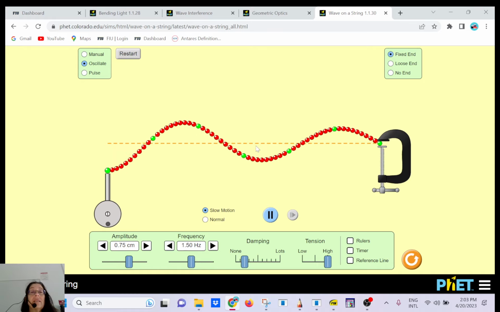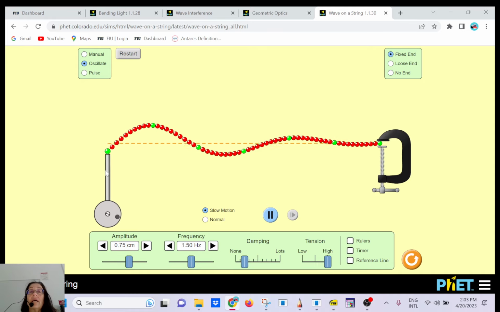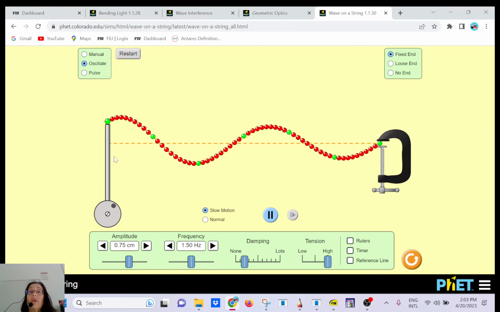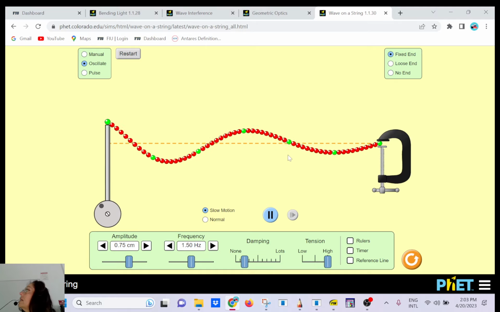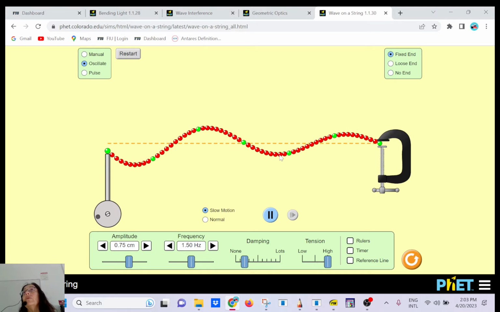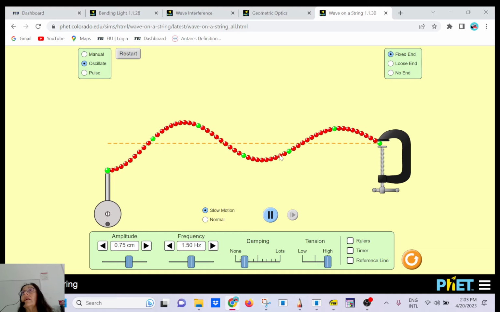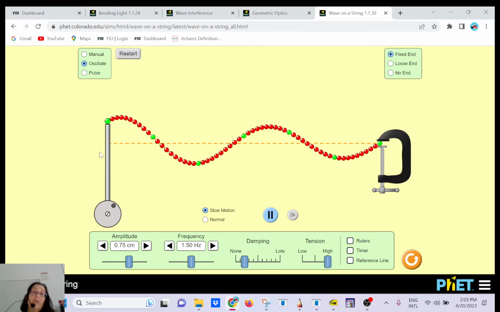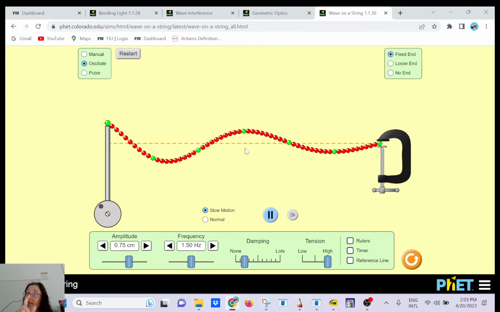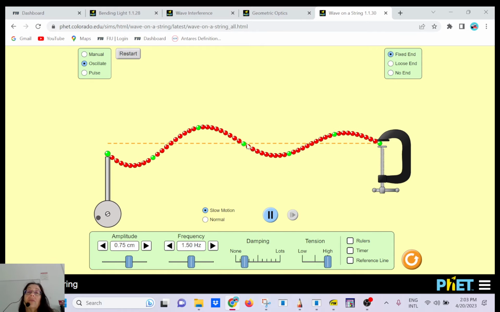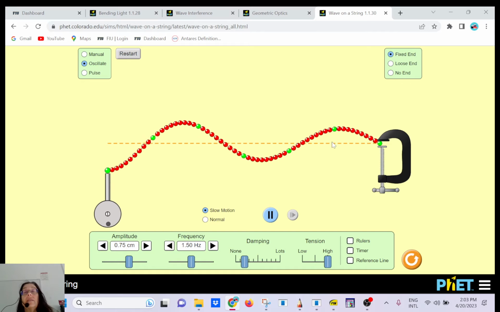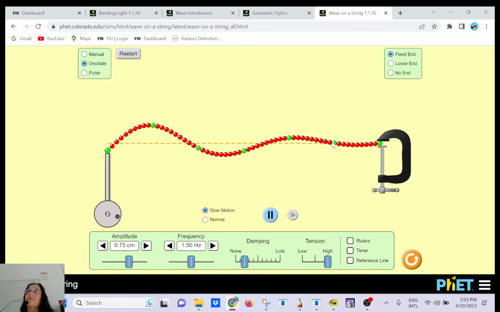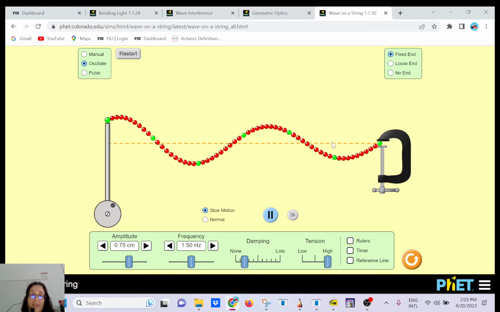If you're shaking the string at the right frequency, you get what is called a standing wave. That's how we make music with a guitar, harp, violin, right? You are not shaking this way, but you are plucking the string and making a standing wave. And this is because of interference. Okay, so we'll get back to that.